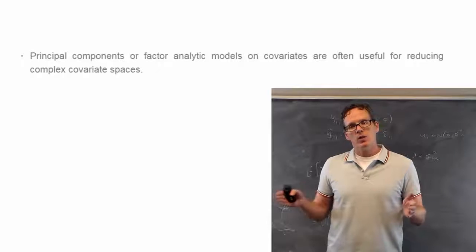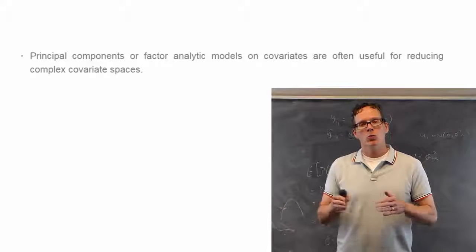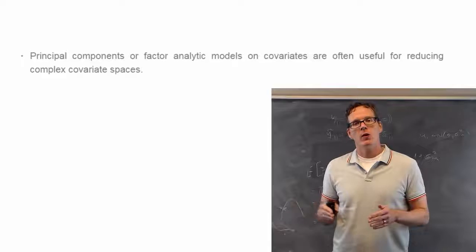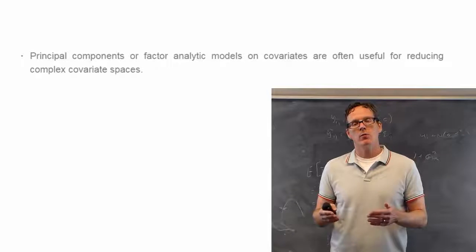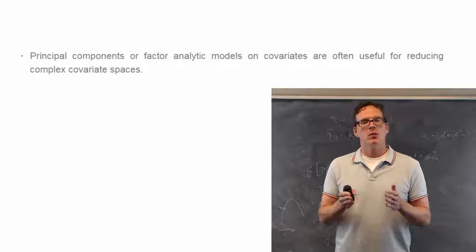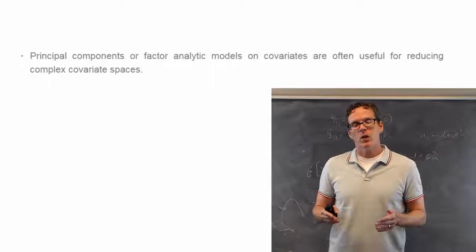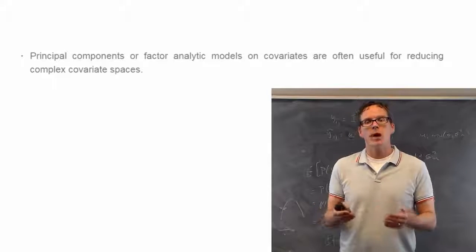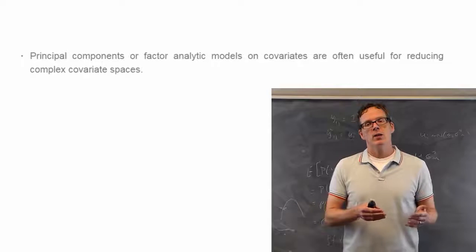If you have a lot of regressors and you're interested in how to reduce this space, then there are a lot of factor analytic techniques and things like principal components that are available to you to reduce your covariate space down to size. Now, however, those come with consequences. The principal components or factors that you obtain might be less interpretable than the original data that you're interested in.